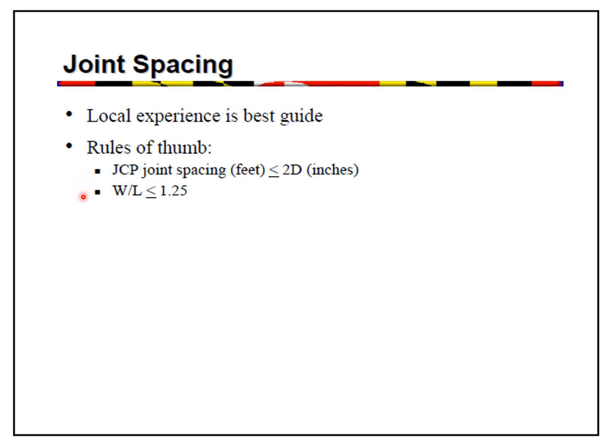W over L is less than or equal to 1.25. The meaning of this is that the width of the slab panel divided by the length of the slab panel should be less than 1.25. Or you can say the ratio between W and L should not be greater than 1.25.